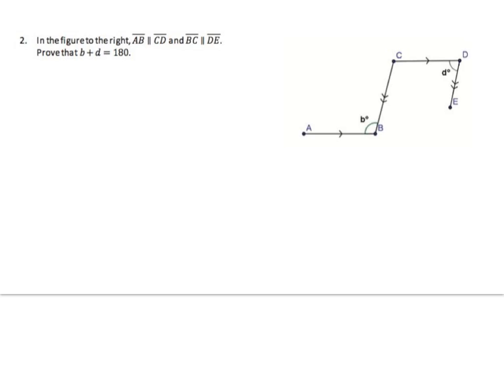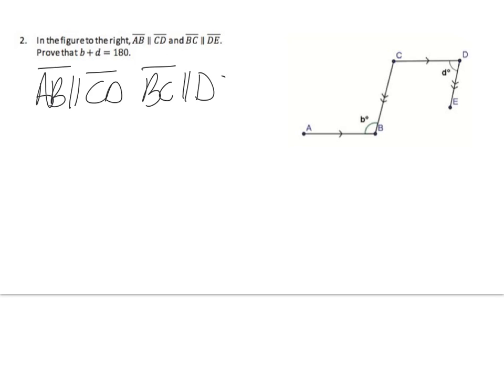All right, let's write down what we know. AB is parallel to CD, and BC is parallel to DE. And that is given. I should label that little angle in there.